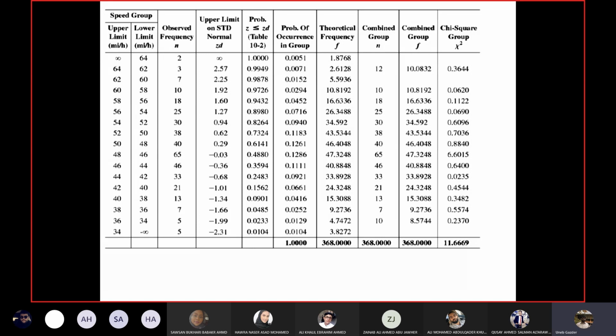First rearrangement, the speed values in descending order. So the highest speed group goes at the top, the lowest goes at the bottom. Highest at the top, lowest at the bottom. You can see it here. And obviously the observations will be for each group. Then the extra 0 groups which I had at the start and at the bottom are eliminated.